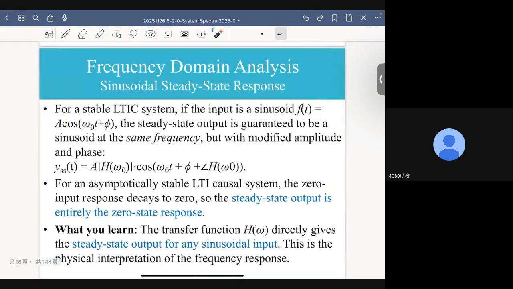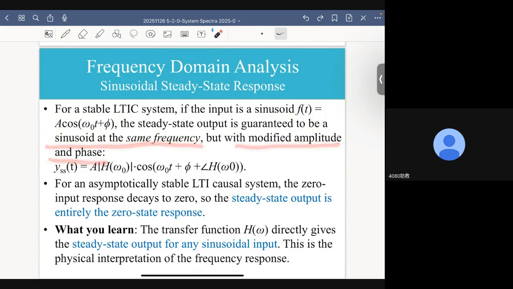Here I assume what we have is a sinusoidal input for a stable LTIC system. LTIC means linear time invariant continuous system. If the input is a sinusoid, A times cosine of omega 0 t plus phi, the steady state output is guaranteed to be a sinusoid at the same frequency, but with modified amplitude and phase.